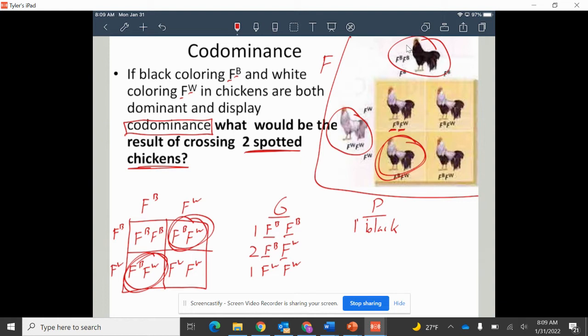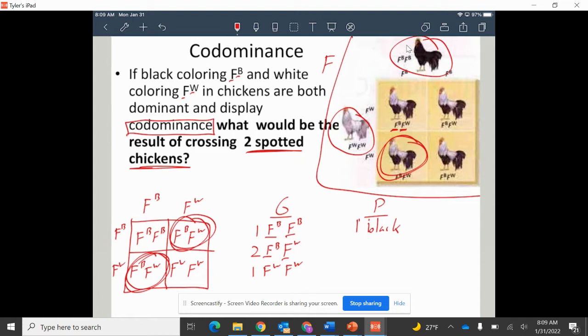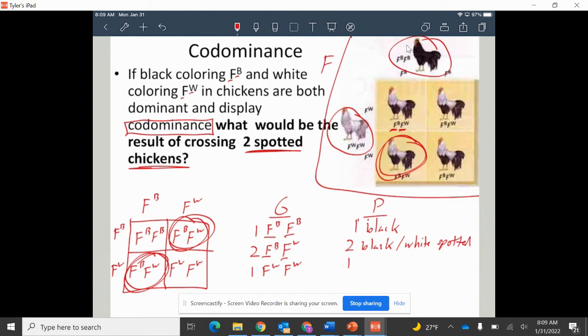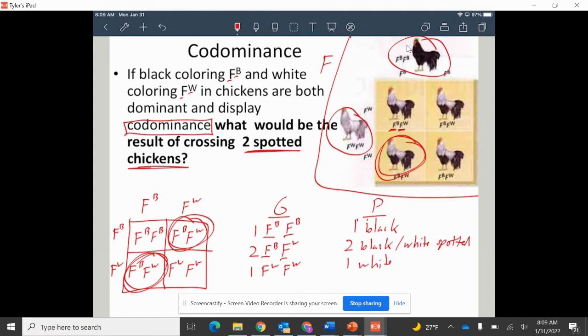Black and white would have made gray, but now that's not what happens. Both want to be expressed. Black doesn't want to back down. White doesn't want to back down. We get two that are black and white. We'll just say spotted, even though it's not really spots. And then we get one white. So again, little difference, same concepts though.